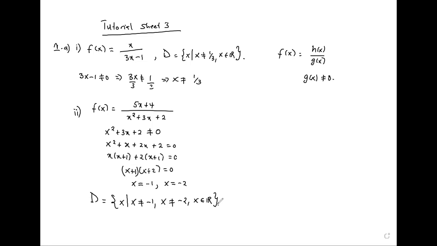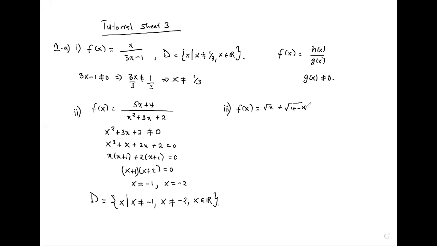Okay, so that is how you get it on the second one. Now we go to the third one. Example 3. You have f of x is equal to root x plus root 4 minus x.